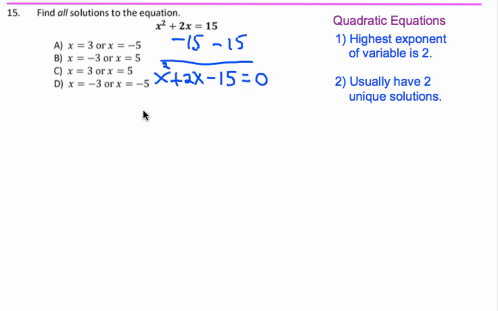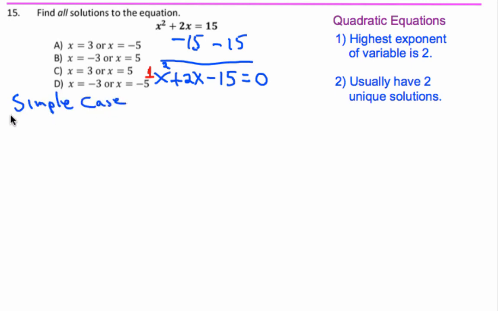Now, even though it's not explicitly stated, when you have x squared with no coefficient in front of it, it's really a 1. So this is really a 1x squared, which tells us that we're dealing here with a quadratic equation, the simple case.